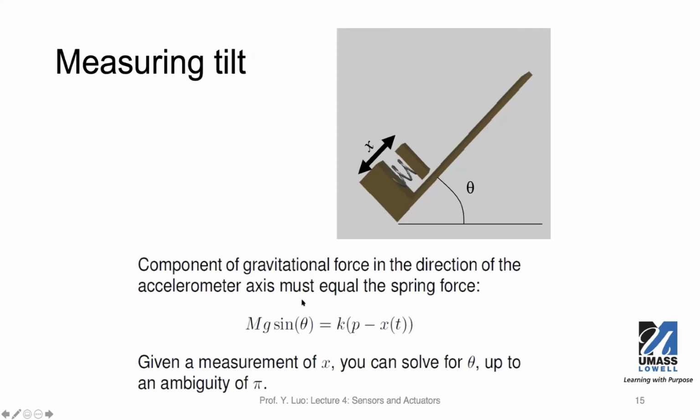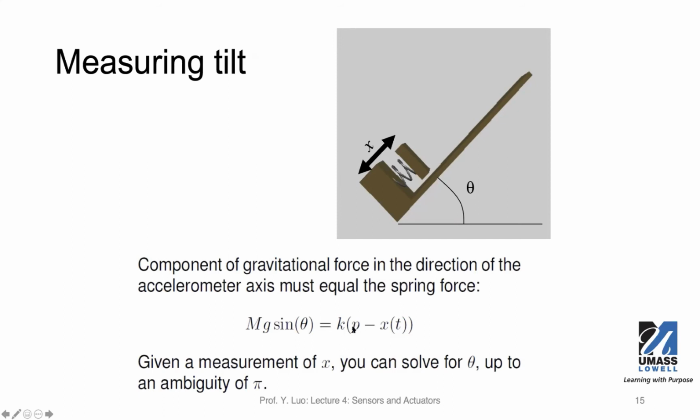And the gravitational force applied in the direction of this platform, which is the accelerometer's axis, must be equal to the spring force. So what we see here is the mass times the gravity constant g, and we find this angle using sine to get that portion of the force.